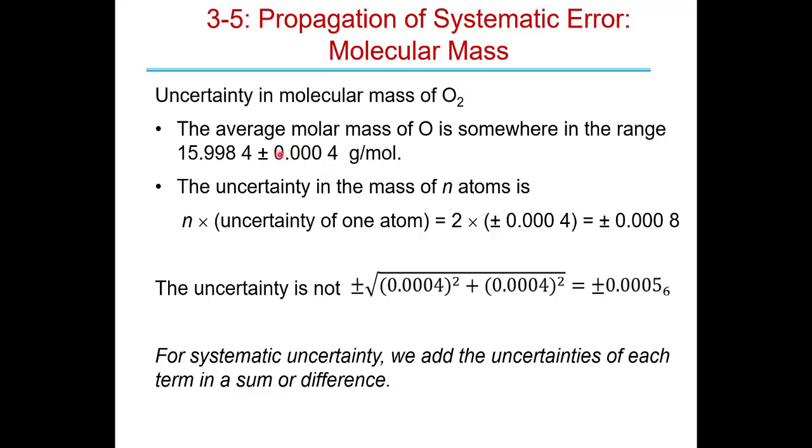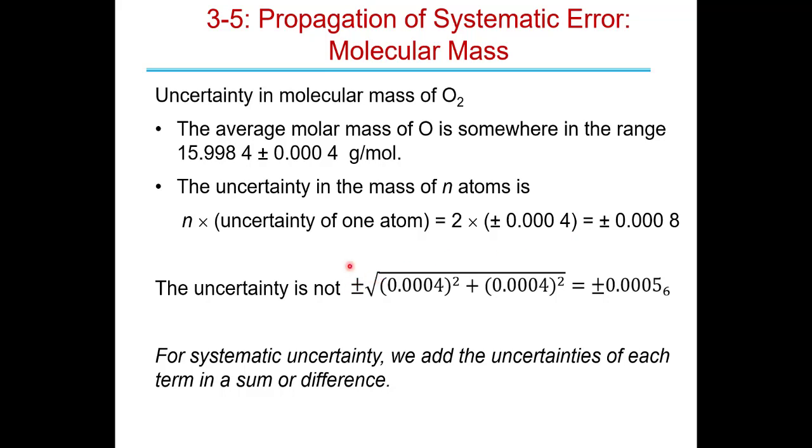So the uncertainty in the mass is going to be the uncertainty of one atom, which is this number, times the number of atoms. So in this molecule, we have 2 oxygen atoms, so our uncertainty is plus or minus 0.0008, which is what we get when we multiply 2 times this uncertainty.